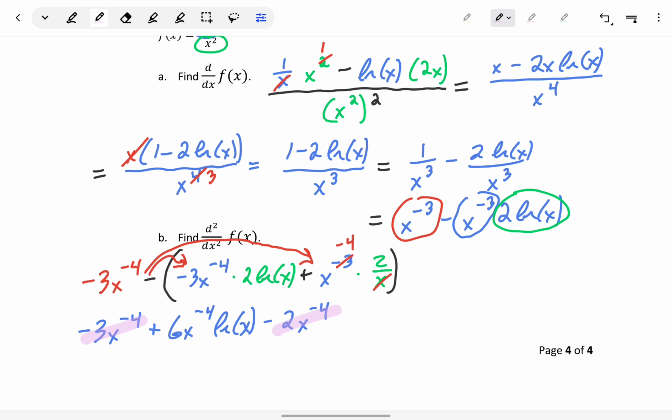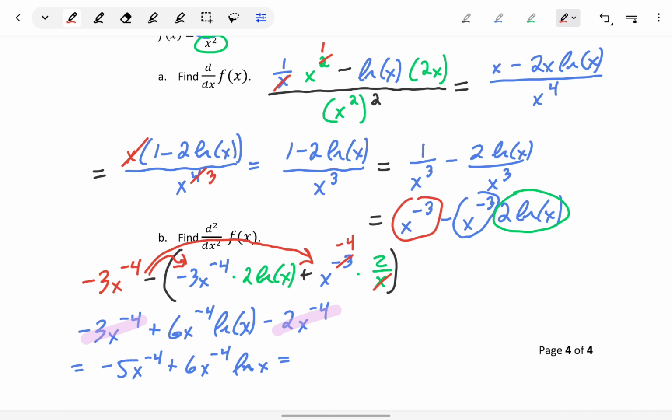Our first and third terms are like terms, so we can go ahead and combine those to get negative 5x to the negative fourth plus 6x to the negative fourth times the natural log of x.